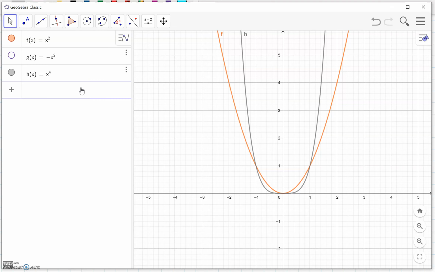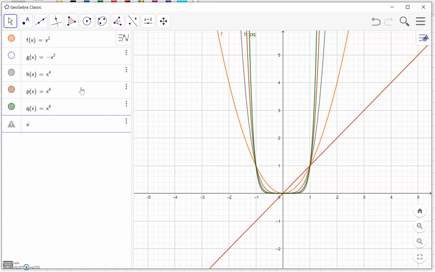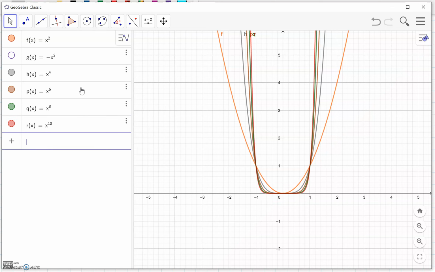Let's try x to the power of 6. And there we go. So what you can see is x to the power of 6 is again fairly similar, but the corners are even more square. I shouldn't say square, but they're a bit less rounded. If we go x to the power of 8, you can see that phenomenon happening again. It becomes closer and closer to being a square corner.